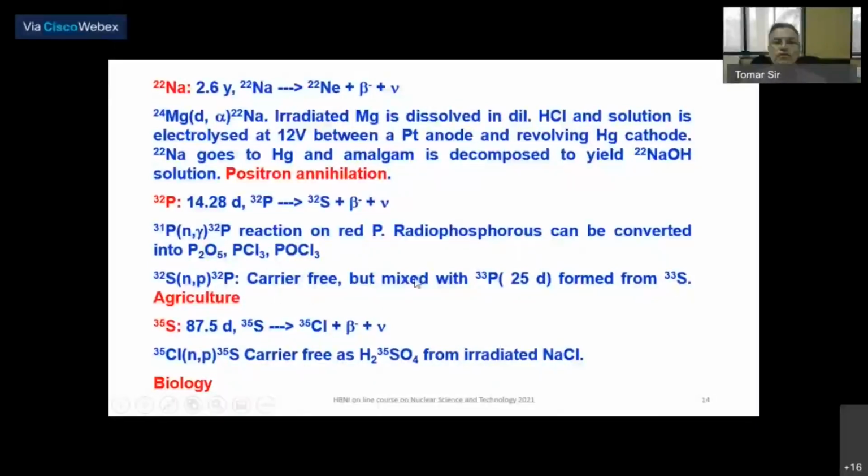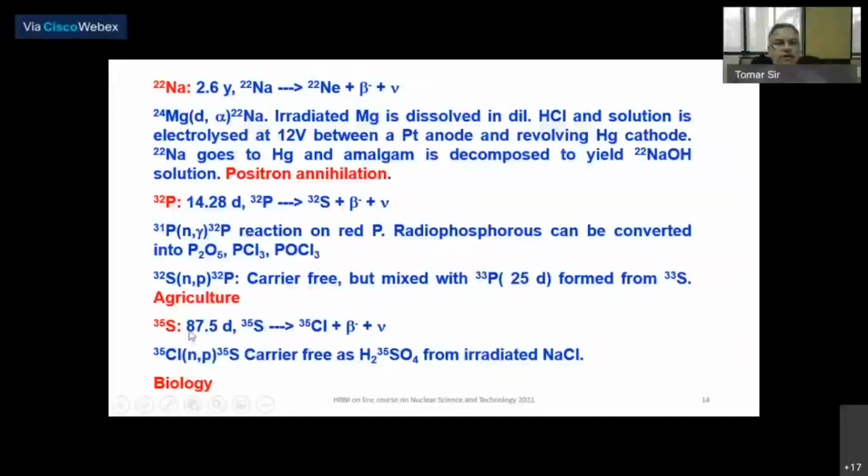So there is always a cost involved with carrier-free production of phosphorus 32, in terms of another activity of phosphorus 33. And this phosphorus 32 is used in agriculture. If you want to do fertilizer uptake studies, how the phosphate fertilizers are taken up by the plant, you can do research using this as a tracer.